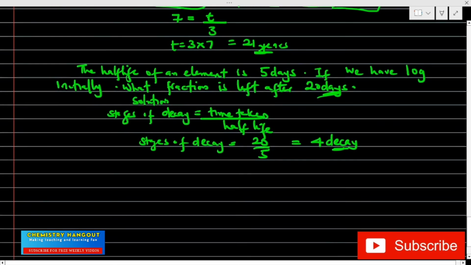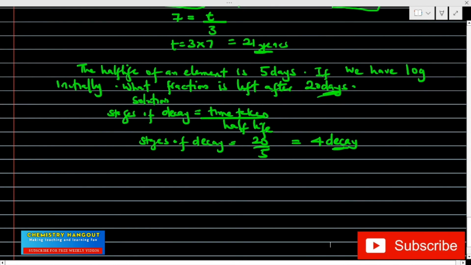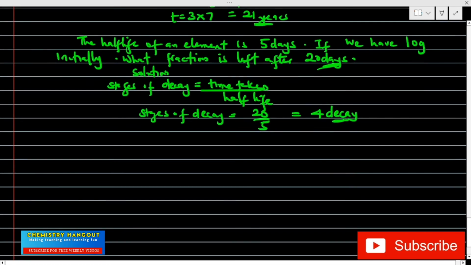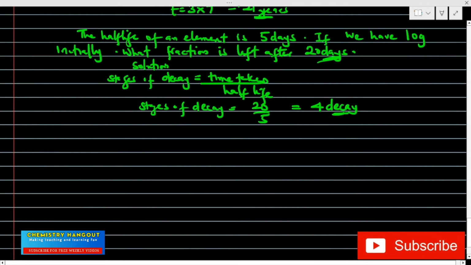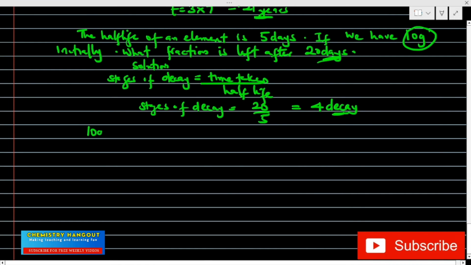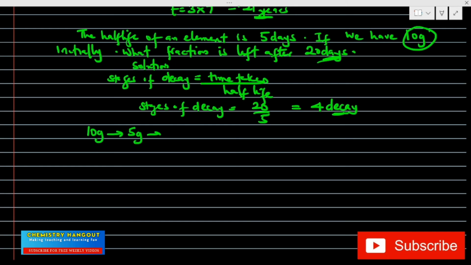They now said what fraction? They are not saying what mass. They are not interested in the mass. Let me explain this well. Let's take, for example, the question is what mass will be remaining after 20 days. It is 4 decay, so we are going to go from 10 gram to 5 gram, to 2.5 gram.